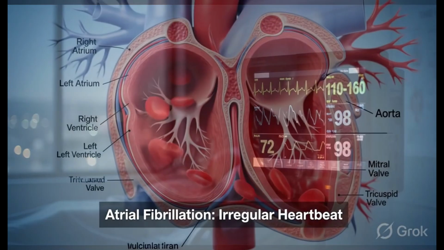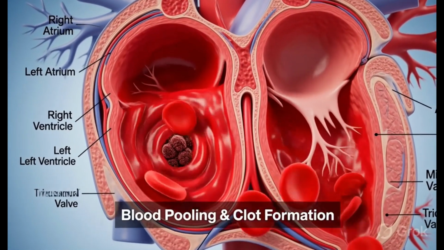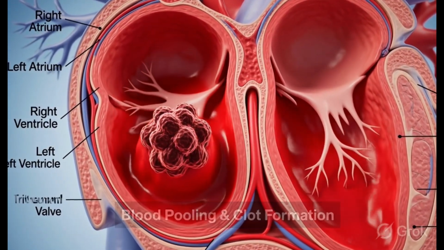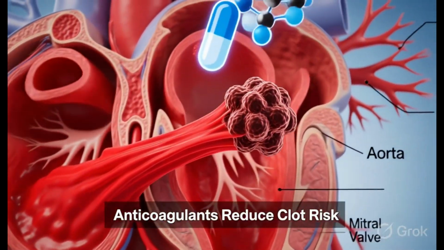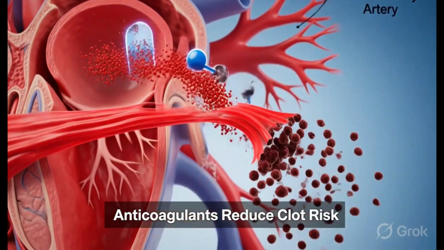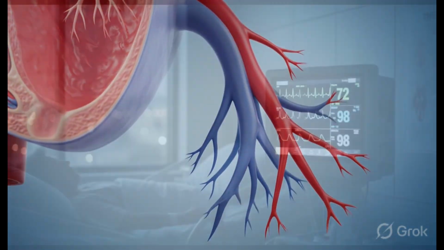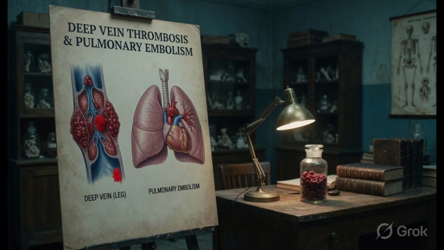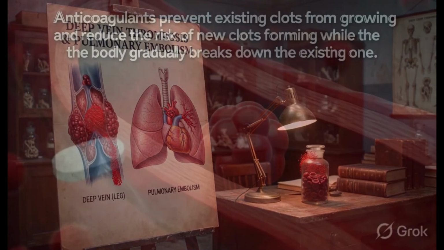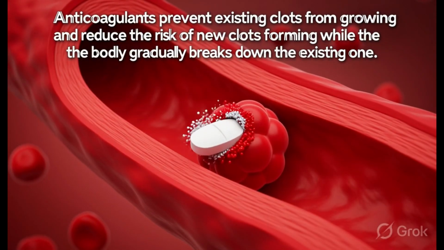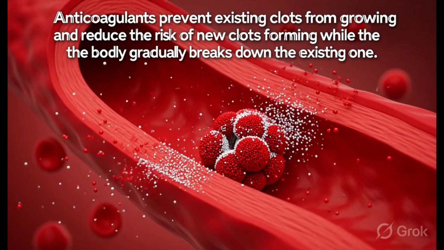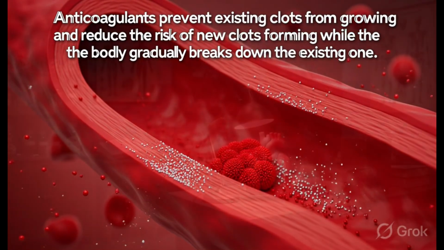In atrial fibrillation, an irregular heart rhythm that allows blood to pool and clot in the heart's upper chambers, anticoagulants reduce the risk of stroke caused by a clot traveling to the brain. In deep vein thrombosis and pulmonary embolism, anticoagulants prevent existing clots from growing and reduce the risk of new clots forming, while the body gradually breaks down the existing one.